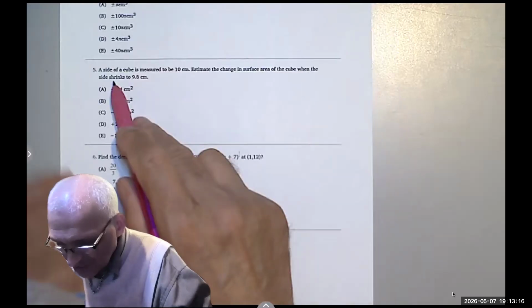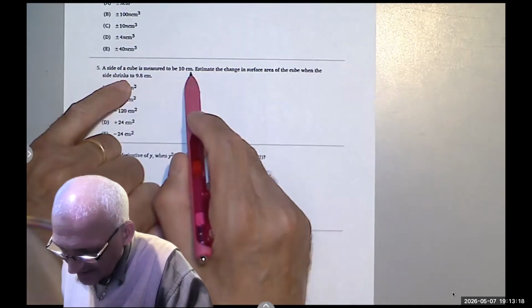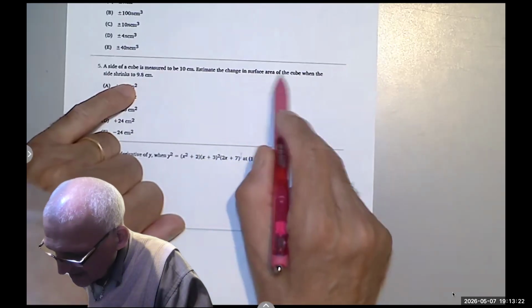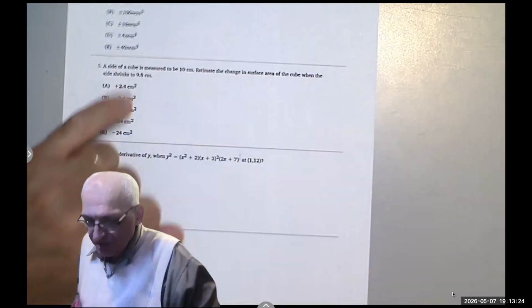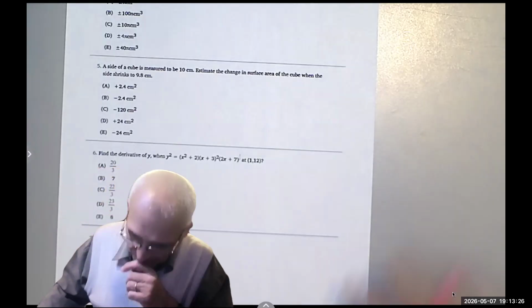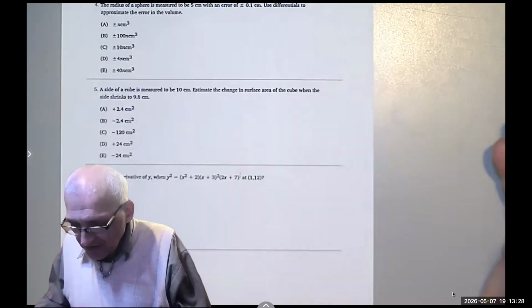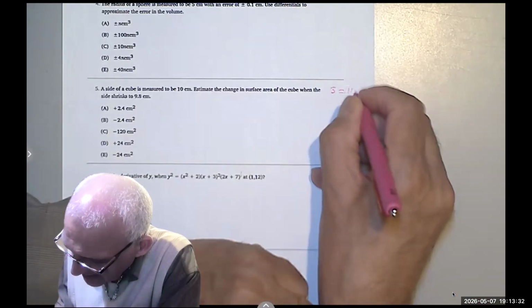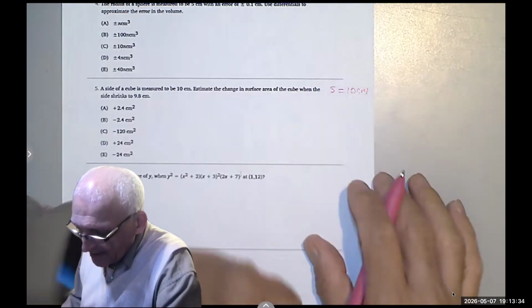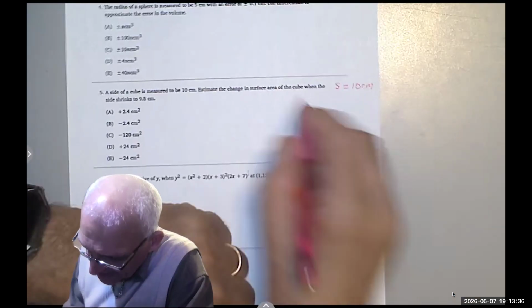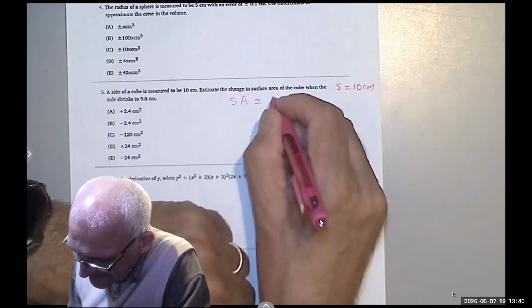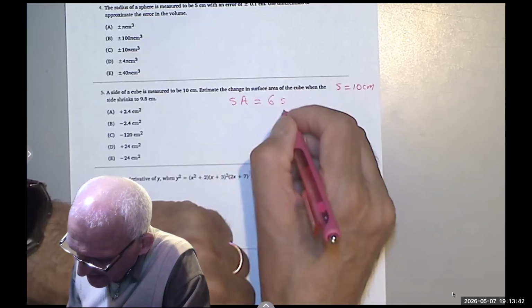Number 5, a side of a cube is measured to be 10 centimeters. Estimate the change in the surface area of the cube when the side shrinks to 9.8. Okay, so here again, S is 10 centimeters. And when it shrinks, we want the surface area. So we know the surface area of the cube is 6 S squared.